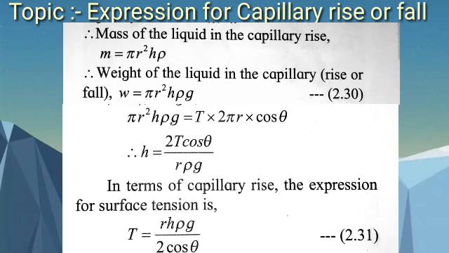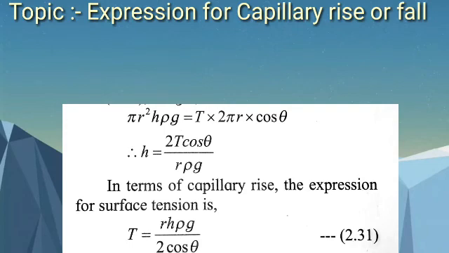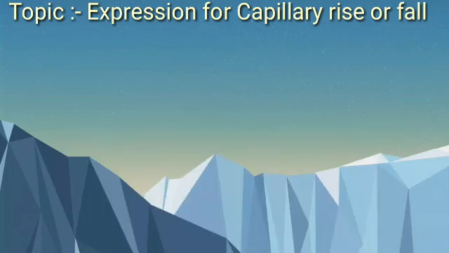We conclude that the rise of liquid in a capillary is inversely proportional to the radius of the capillary tube and the density of the liquid. The same expression is also valid for capillary fall discussed in the earlier method. Now we will see some solved examples based on this expression.